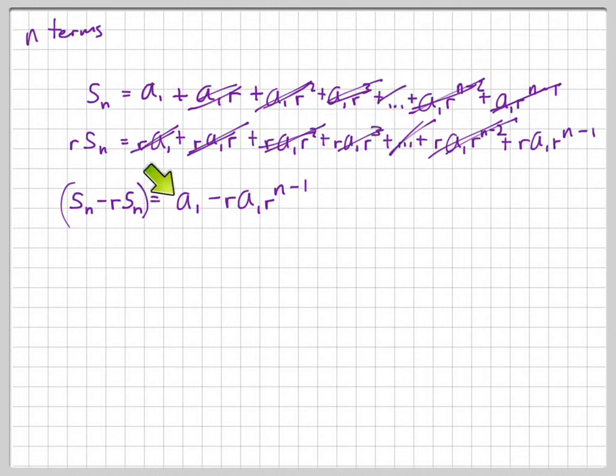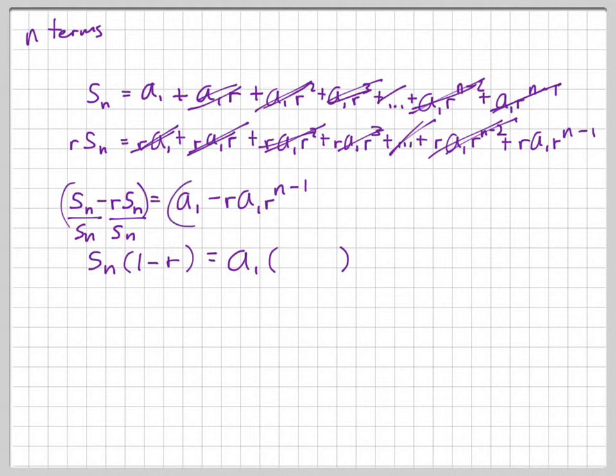Okay, so over here, next what we're going to do is get the s alone so we can see our formula. So we're going to take out an s sub n. If I divide this by s sub n and divide this by s sub n, what do we get inside the parentheses? 1 minus r. Now on this side, I'm going to take an a sub 1 out. What do I get when I divide that by a sub 1? 1.